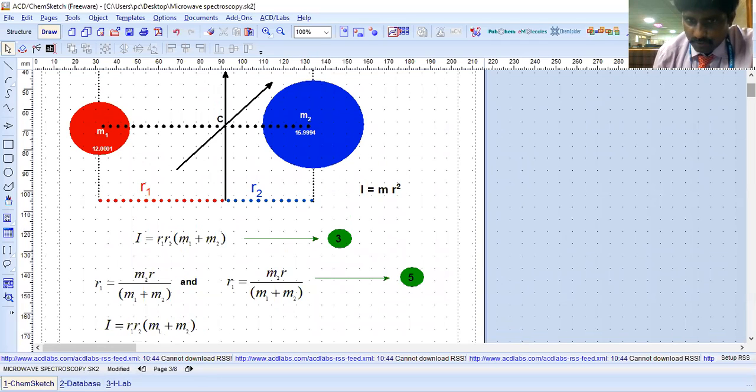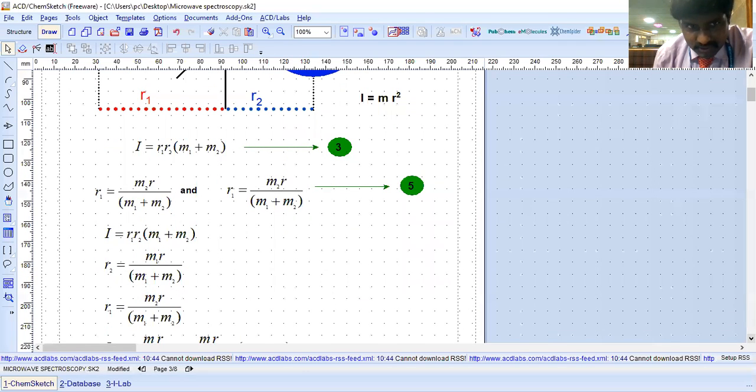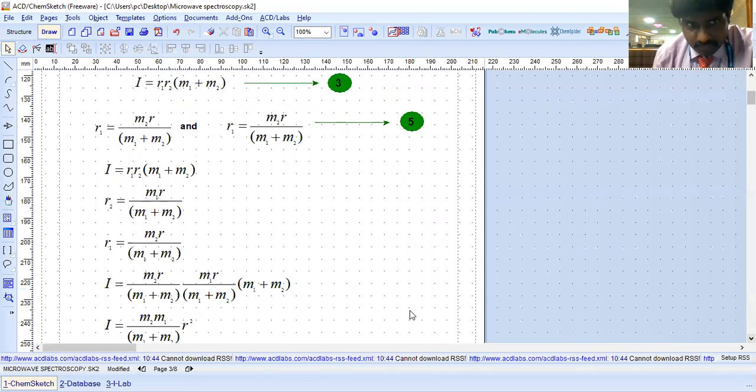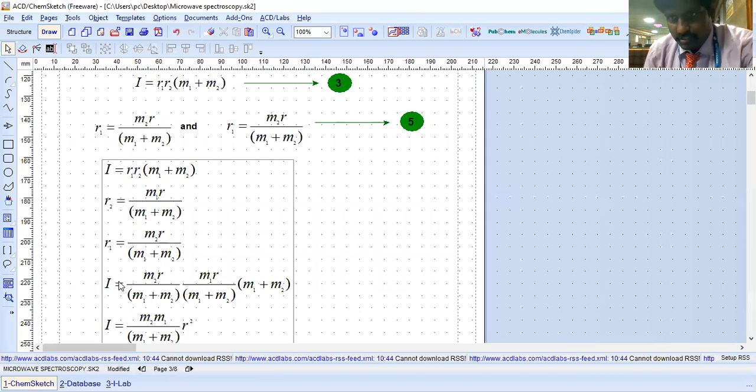From equation 5, what we know: R1 is equal to M2 R by (M1 plus M2), and R2 is equal to M1 R by (M1 plus M2). If we substitute these R1 and R2 values directly in the third equation, we get I is equal to M2 R by (M1 plus M2), M1 R by (M1 plus M2), into (M1 plus M2).